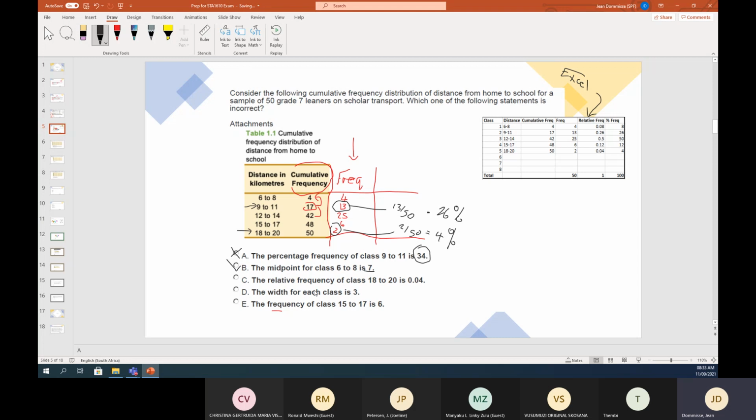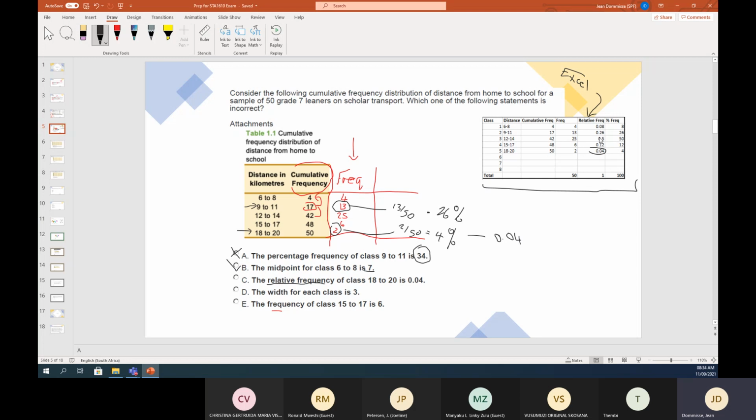That's why I like this table, because now you can see the differences if I give you different types of questions.